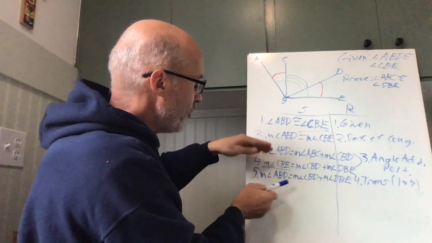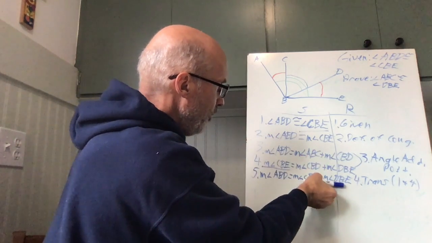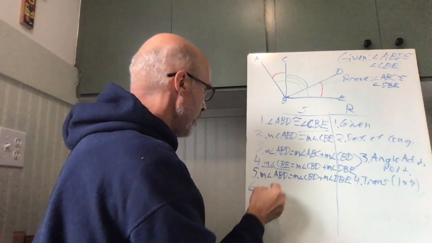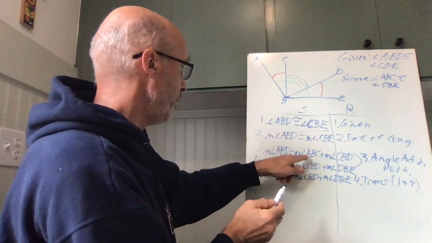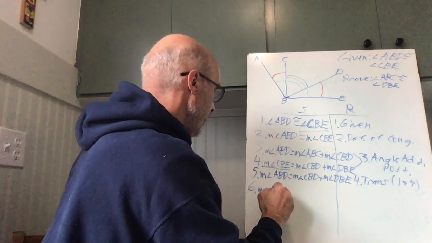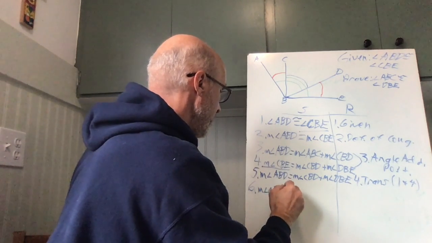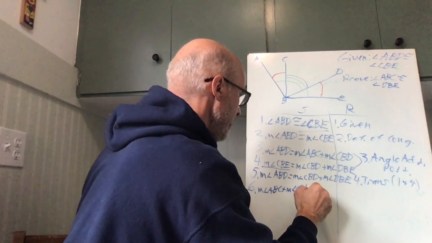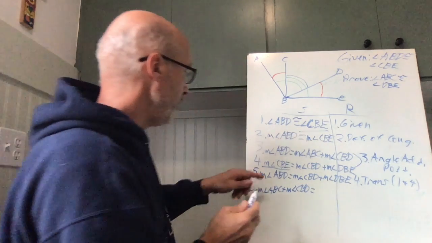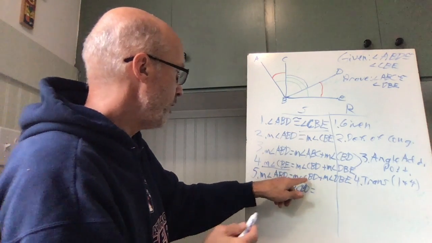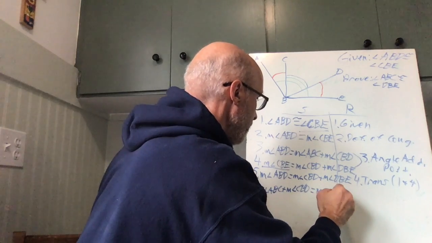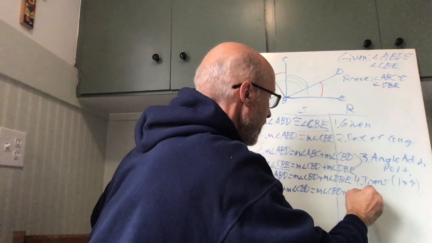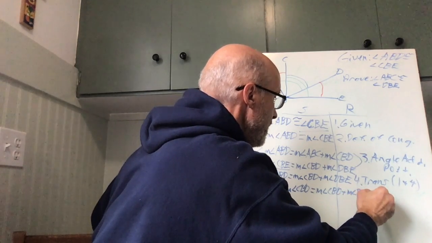So again, I'm going to use the transitive property. I'm going to link these two with those two. So this one, the measure of angle ABC plus the measure of angle CBD, I can tell I'm not going to fit this on here, equals the measure of angle CBD plus the measure of angle DBE.